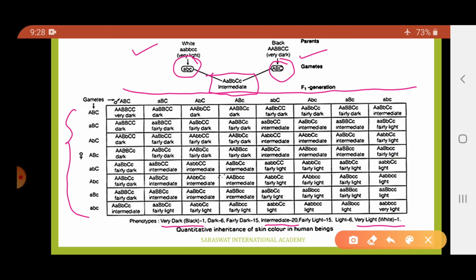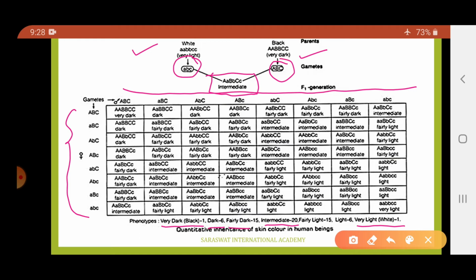Then there is a dark condition where there are how many genes? There will be 5 dominant genes and 1 recessive gene, and fairly dark means there will be 4 dominant genes and 2 recessive genes.